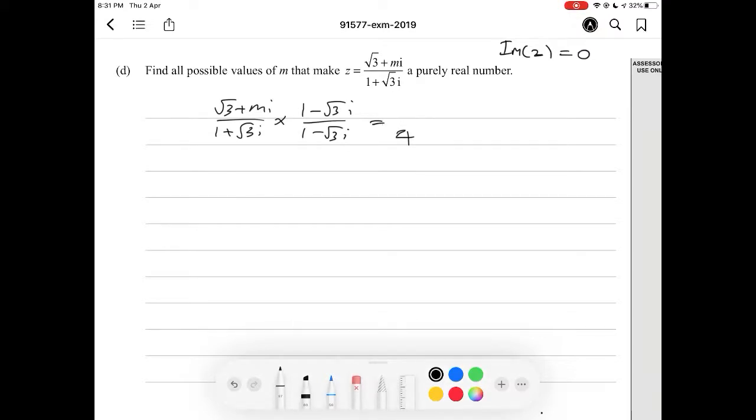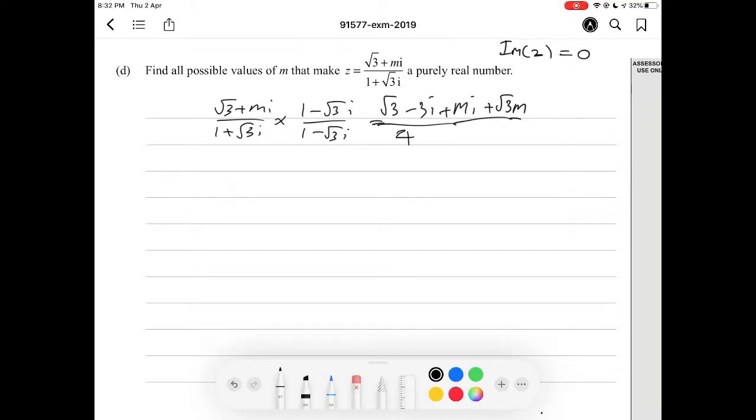And we need to expand it out here. So root 3 minus 3i plus mi, negative root 3 i squared, plus root 3m. Okay, so we know that our imaginary part must be equal to 0.